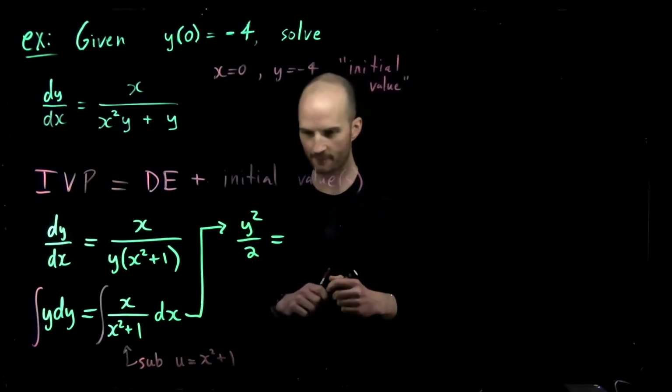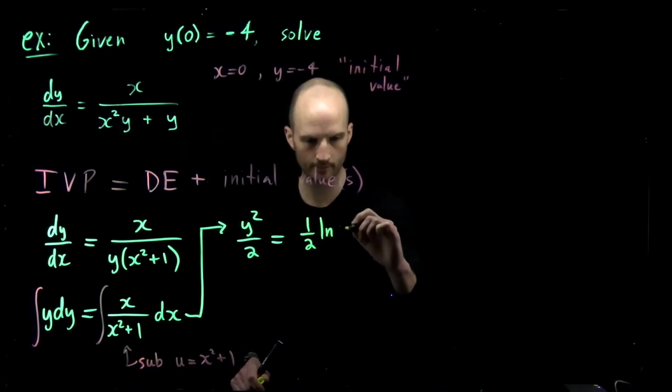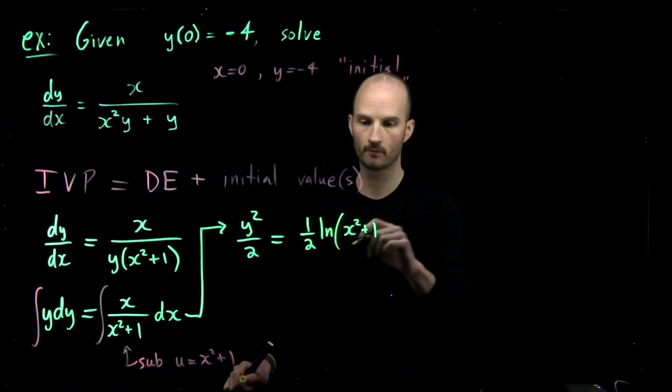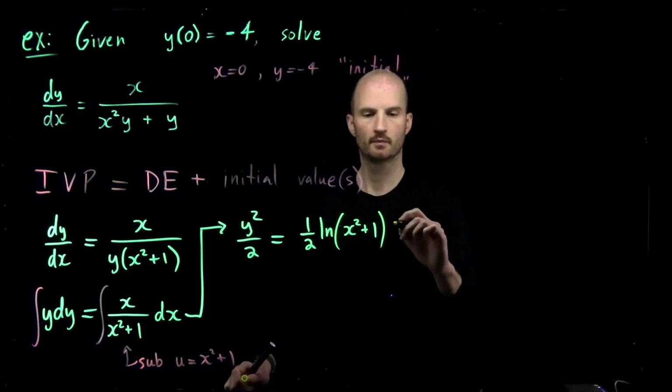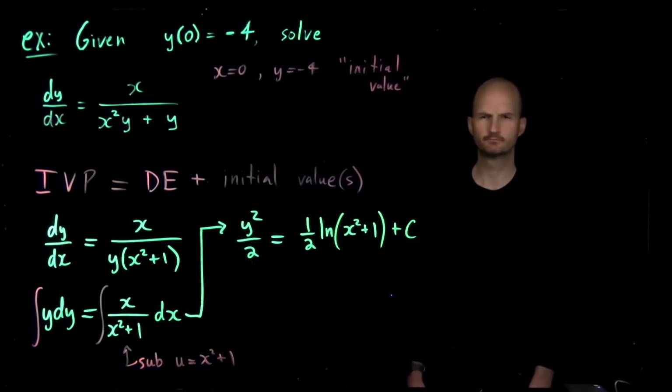And I'm going to get a half ln of x squared plus 1. I'm going to drop my absolute values because x squared plus 1 is positive, a non-negative number plus 1. So just put old-fashioned brackets there.